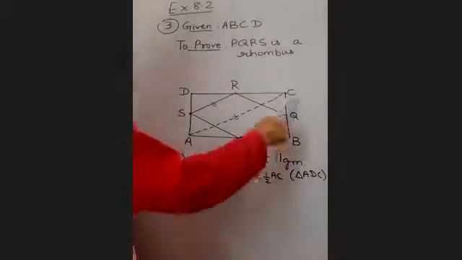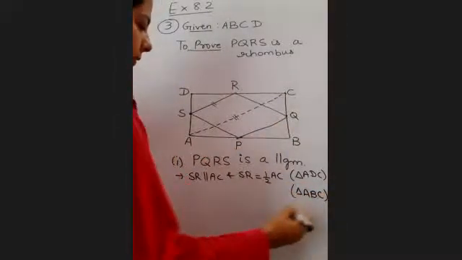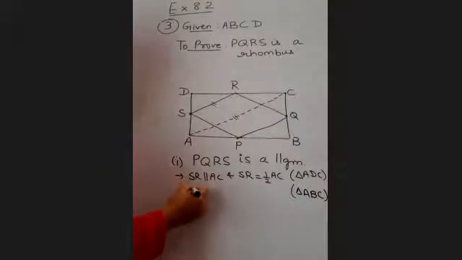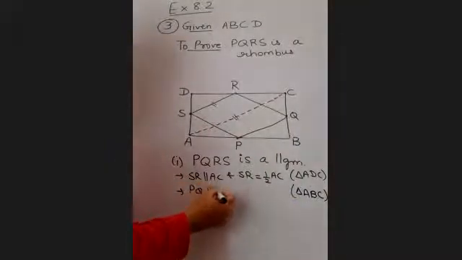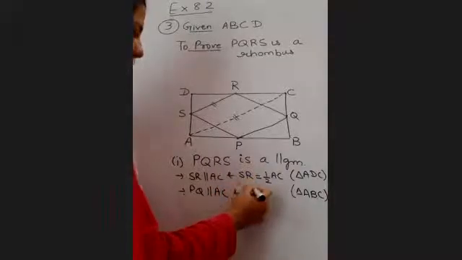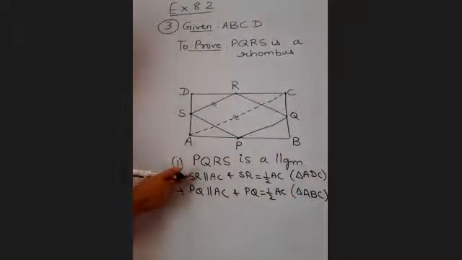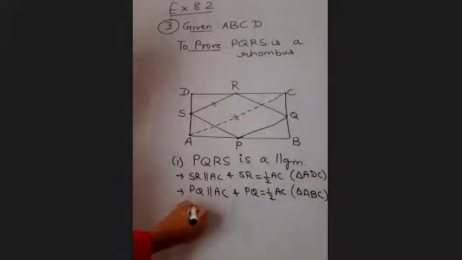In triangle ABC, what do we have? PQ is parallel to AC and it is half of AC. So from these two, can we get that SR is parallel to PQ? Yes.